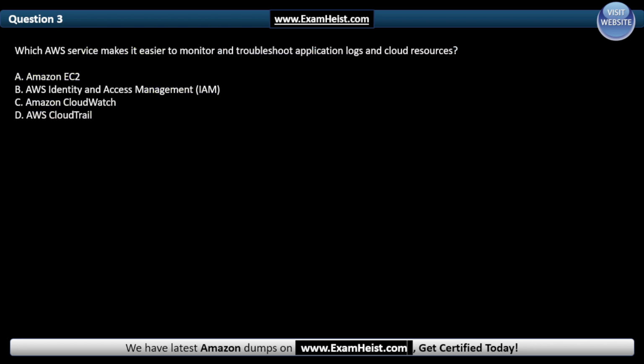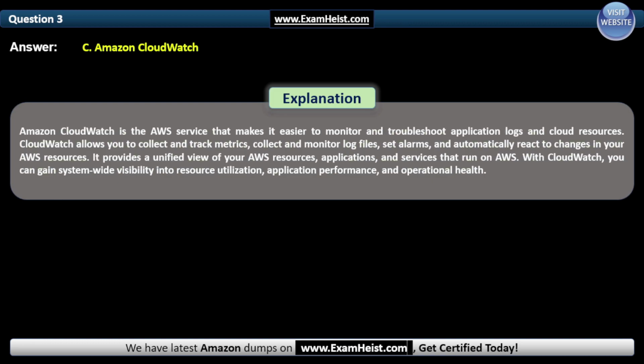Question 3. Which AWS service makes it easier to monitor and troubleshoot application logs and cloud resources? Correct answer is C. Amazon CloudWatch. Amazon CloudWatch is the AWS service that makes it easier to monitor and troubleshoot application logs and cloud resources.